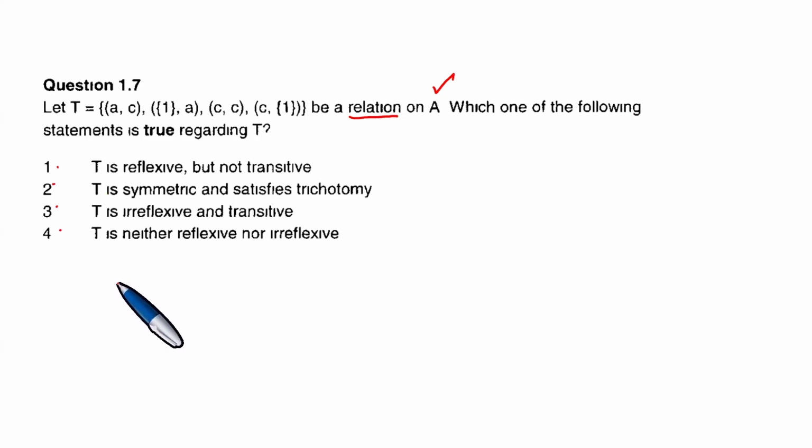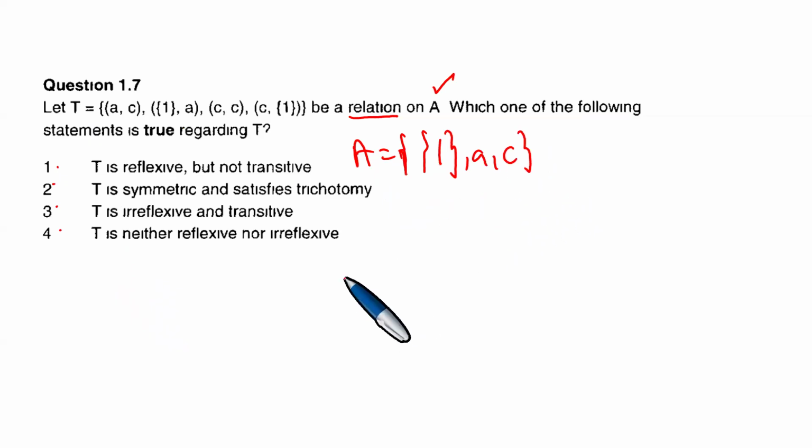Now, to look at this, we are saying let T be a relation on A. We need to remember from the given information what elements A contains. It contains the singleton containing 1, and it contains A and C as well.